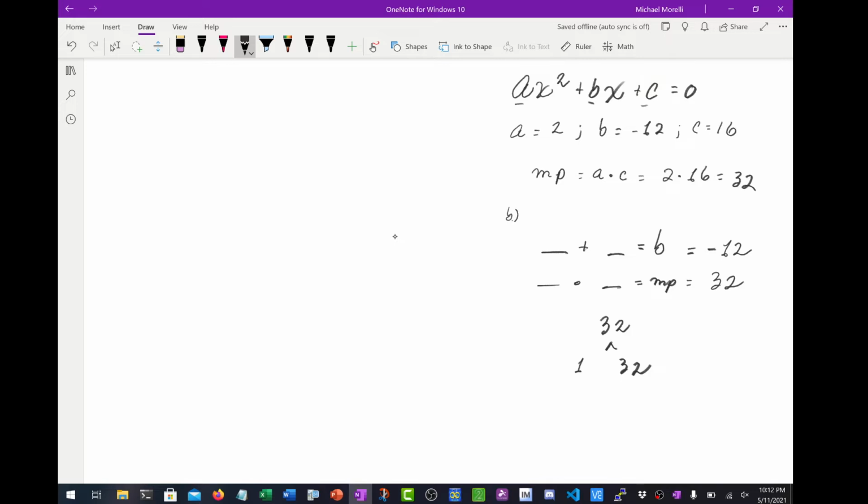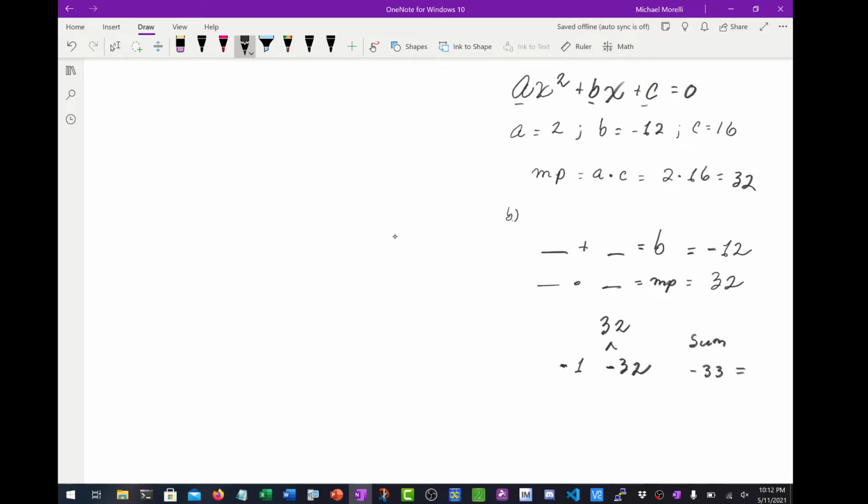So we know that we need negative numbers, right? Because the sum of 1 and 32 is positive. So we need to do negative 1 and negative 32. So the product of these two numbers is 32. But the sum of these two numbers, we're going to make a little chart here. This one would be negative 33.